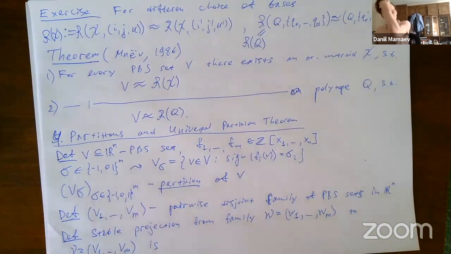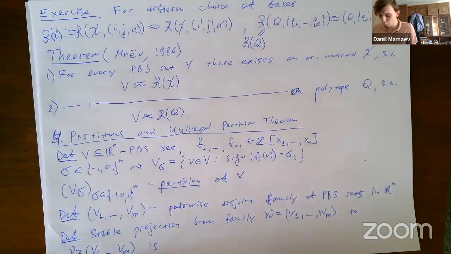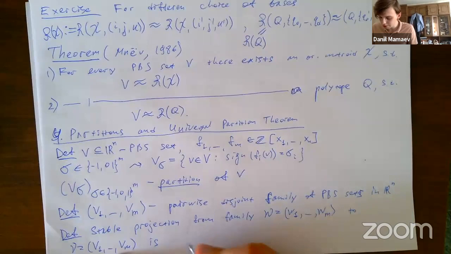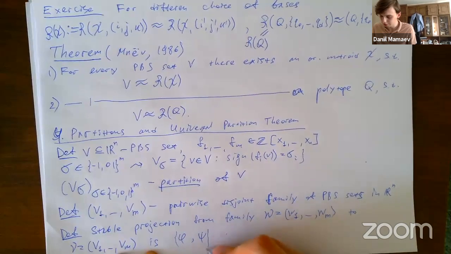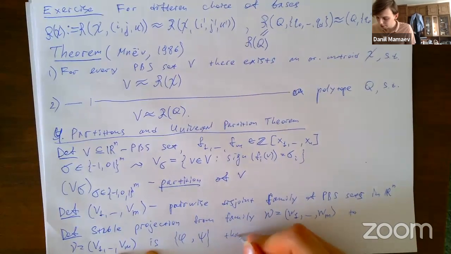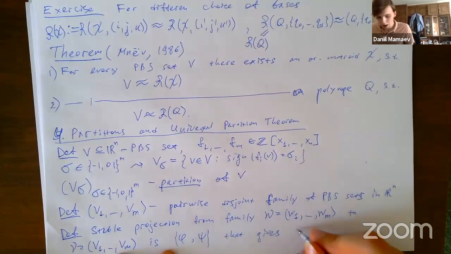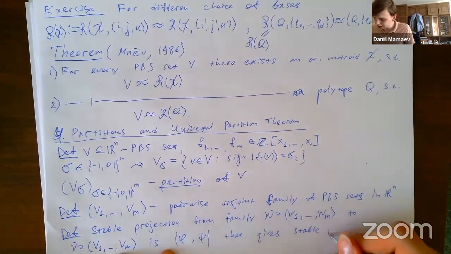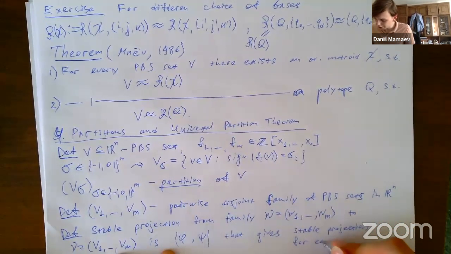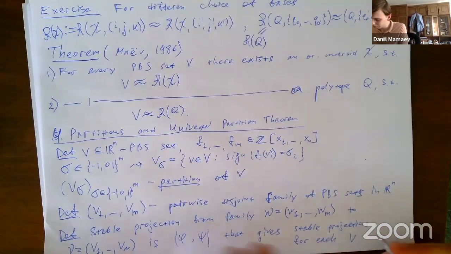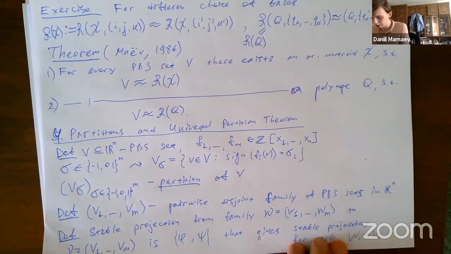Well, it is again: you choose all these phi's, you choose all these psi's, and you say that this collection gives stable projections for each Wi to Vi.